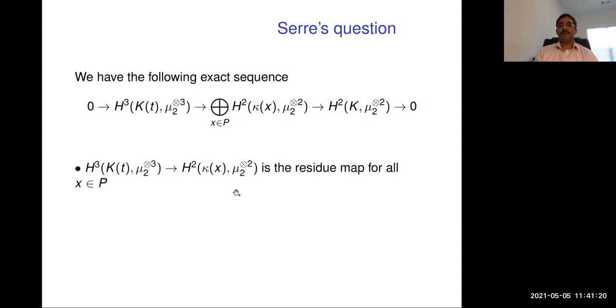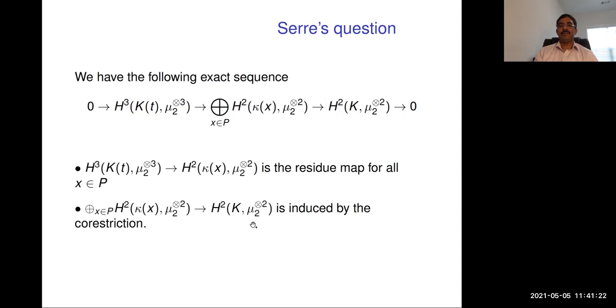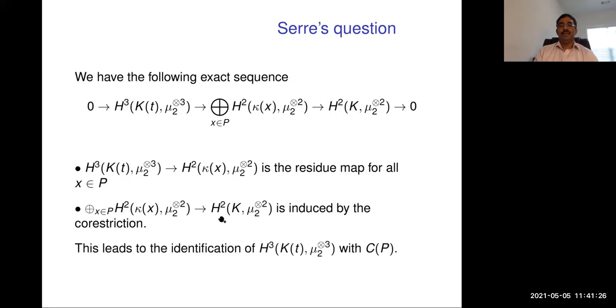It is a residue map for all of these, and these are induced by the corestriction. So take the sum of all the corestrictions. This leads to the identification of H3 of K with mu2 tensor 3 with CP, because each of these H2 of kappa X is Z mod 2 and this is also Z mod 2. So this exact sequence immediately gives the identification of H3 with CP.